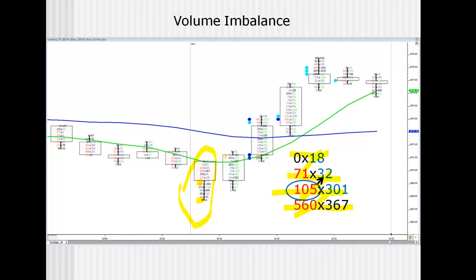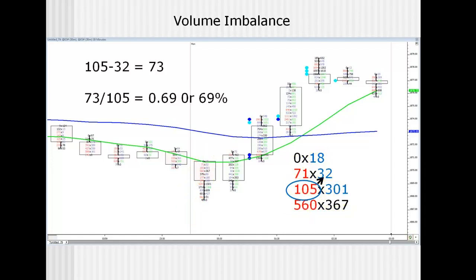Similarly here, at the top of this period, 0 and 18, 71 and 32, 105 and 301, 560 and 367, if we take a look at these numbers, we will find that all the red numbers, in fact, are at least 30% or more greater than the numbers above, or that were at the ask.